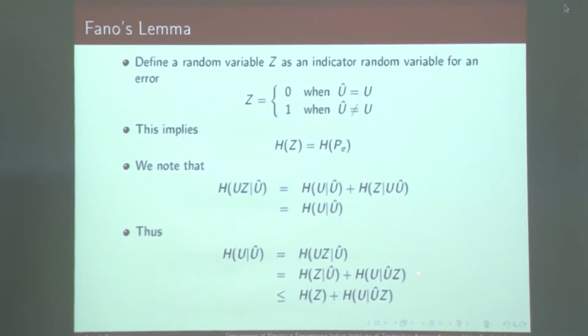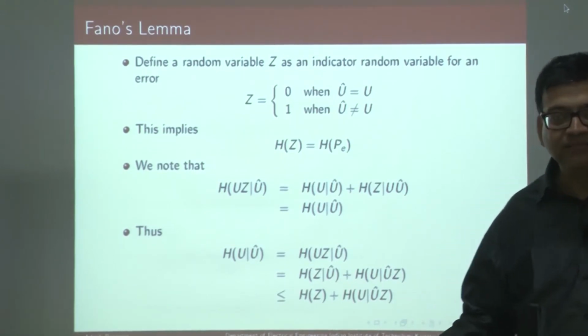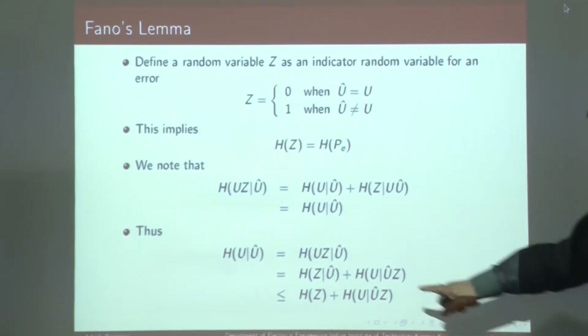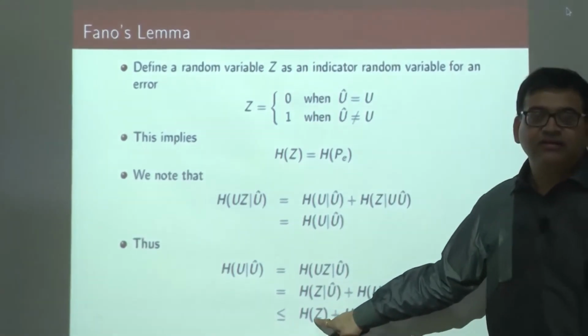Now, I have put here H of Z given U hat is less than or equal to H of Z. This follows from the fact that conditioning cannot increase entropy. So, H of Z given U hat is less than or equal to H of Z.